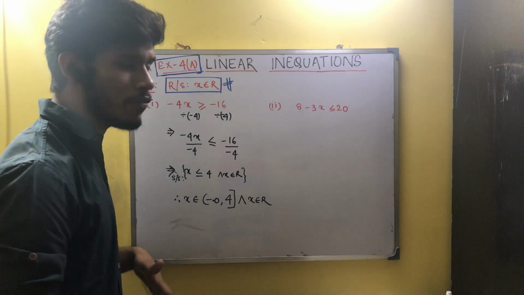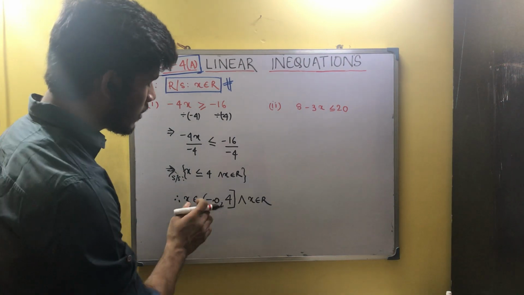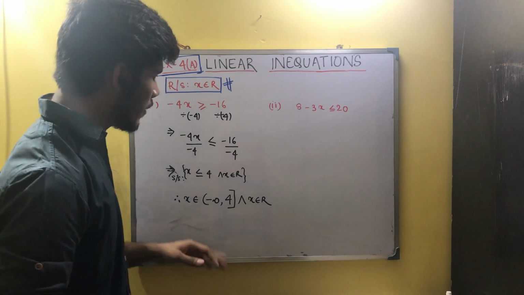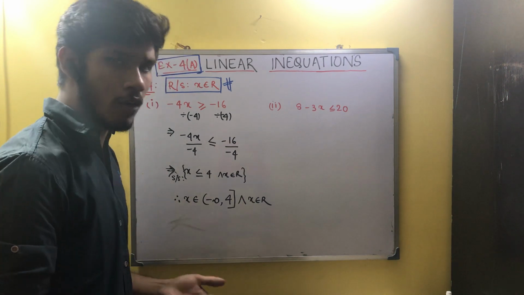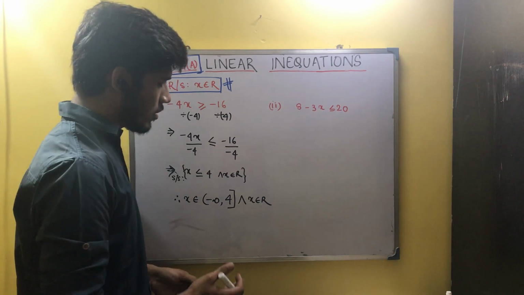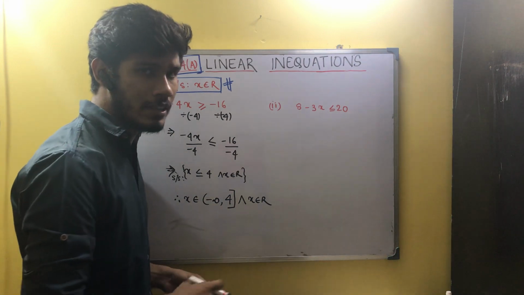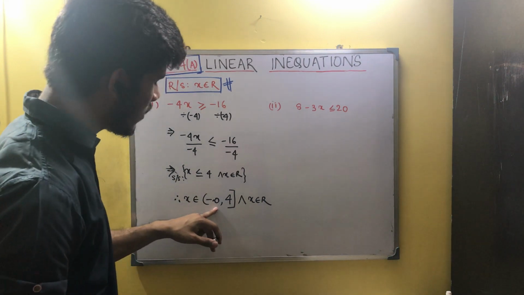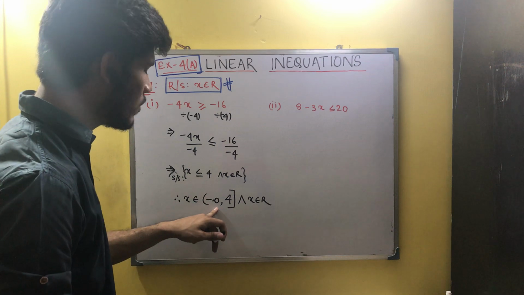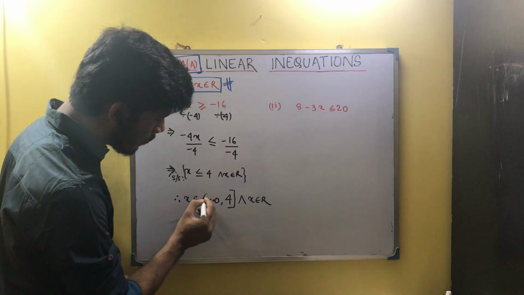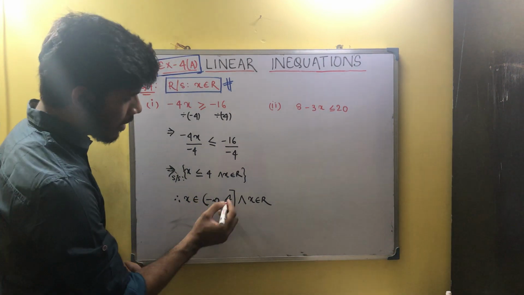If you think of the smallest number, then obviously minus infinity is further smaller than that. So you cannot ever achieve this value. So we have to exclude minus of infinity and 4.